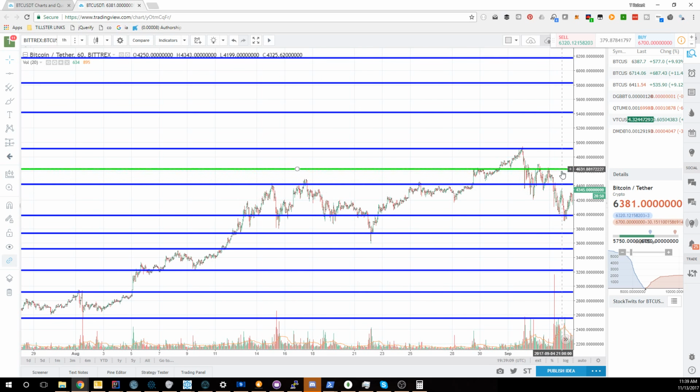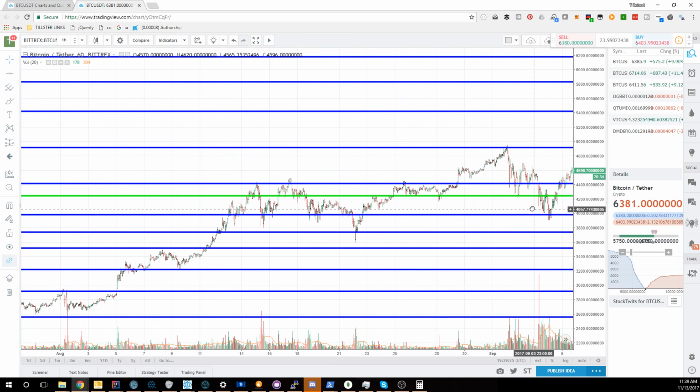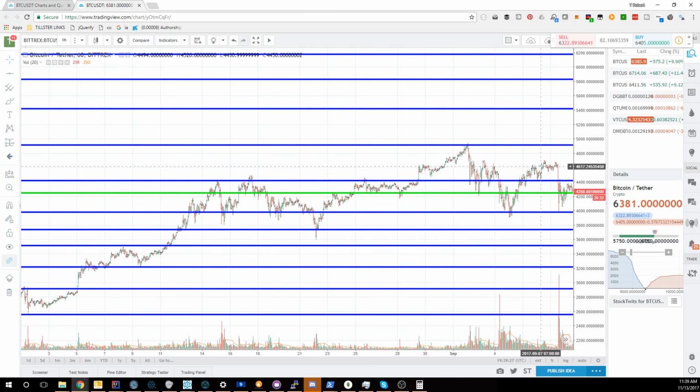Okay, so if we bring our profitability line halfway down from here to here, that puts us about here. So we bought our first time here, our second time here, we bought our third time here. We're now waiting for the market to go above this green line in order to make us profitable. Oh, hello, profitability. Look at that.